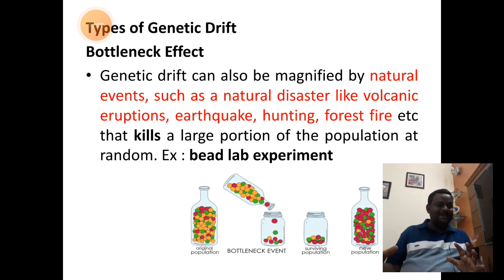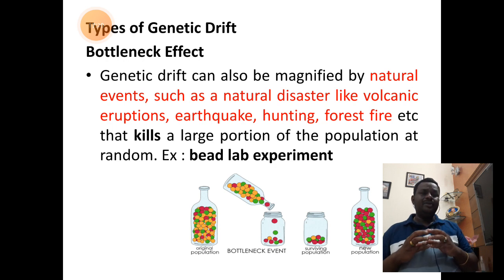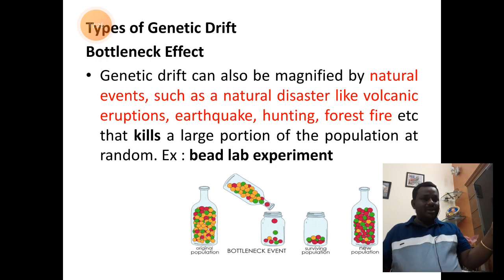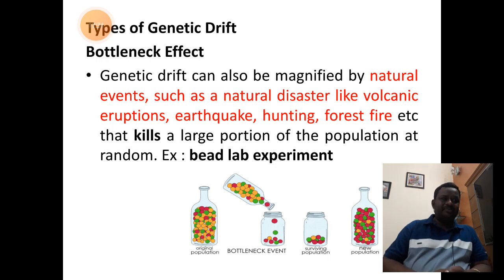So natural disasters include examples like volcanic eruptions, earthquakes, then hunting, forest fire, then habitat fragmentation, etc. So here, due to the killing of individuals of the original population, there is a change in allelic frequency.